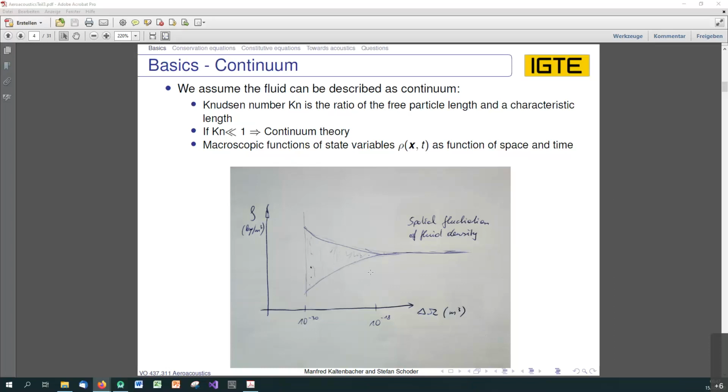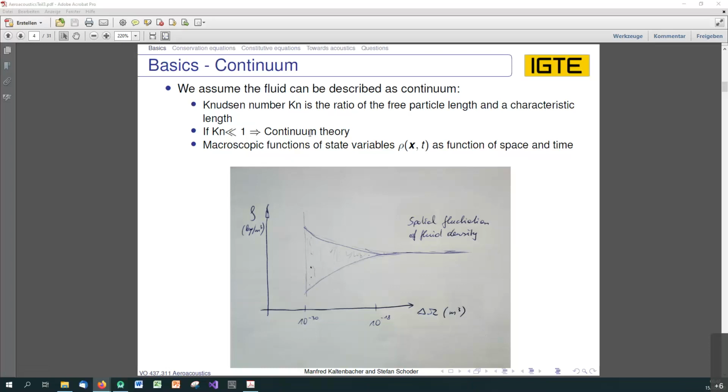That more or less, if a particle travels within the volume you are watching, it will meet other particles. And this is more or less how you can impose continuum theory, that you know that the Knudsen number is well below 1.